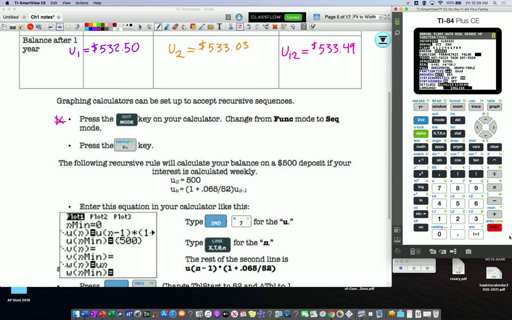Okay? Once you have that done, go ahead and hit the Y equals 2 key. So this Y equals 2 key puts you in this kind of funky mode. Instead of Y equals, it's in this sequential stuff. And we got 3 things in here that we need to talk about. So just for fun, I know that some of you might have stuff in here.